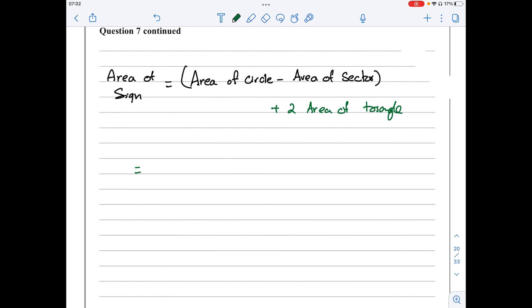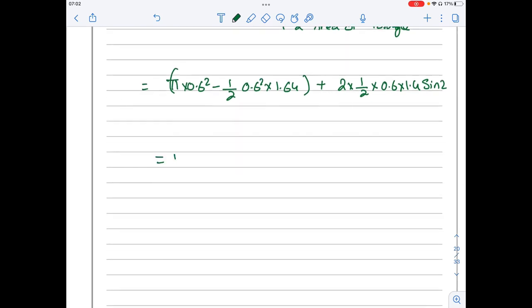Area of the circle is pi r squared, which is pi times 0.6 squared, minus area of the sector, which is half r squared theta, 0.6 squared times 1.64, plus 2 times the area of the triangle. Area of the triangle is 1 upon 2 times the two sides, 0.6 and 1.4, and sin of the angle 2. That's going to be the procedure. So when I simplify it, I should get 1.6 meter squared. That's going to be the answer.